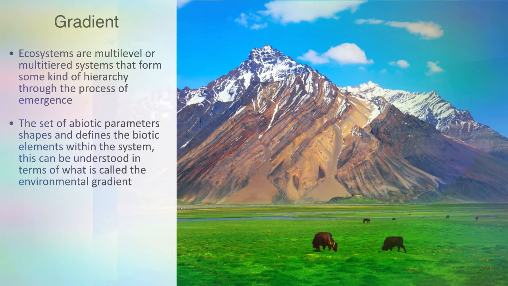This structure to ecosystems, where the set of abiotic parameters shapes and defines the biotic elements within the system, can be understood in terms of what is called the environmental gradient. An environmental gradient is a gradual change in abiotic factors through space and time.